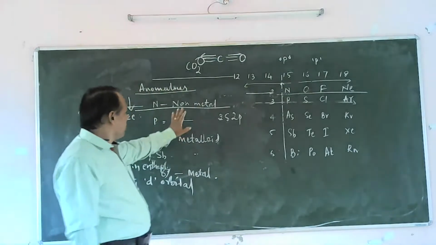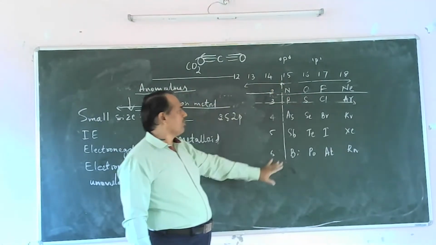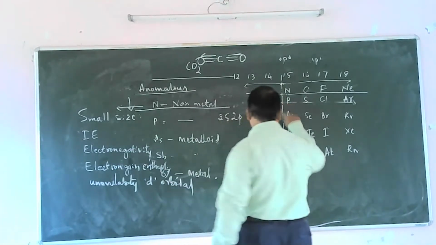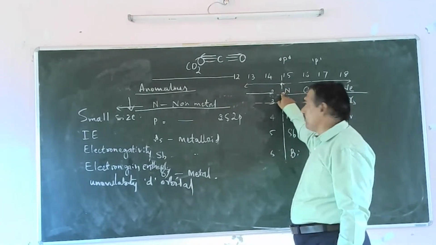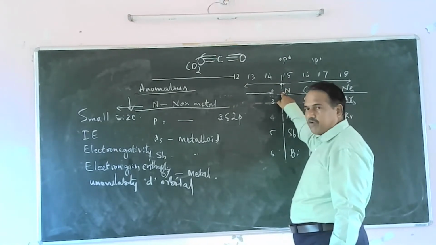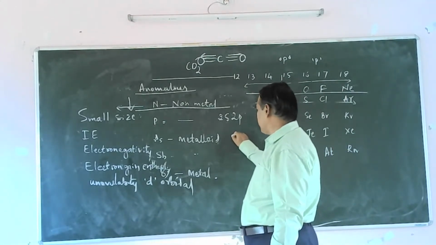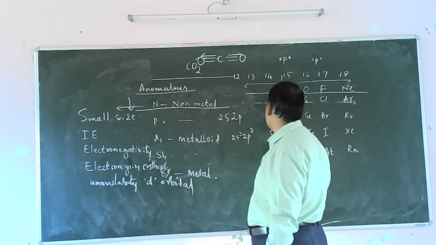Okay. So this is the first concept which we studied in between the elements. We shall study one by one with other elements. First, we shall study the electronic configuration of nitrogen, which is 2s2 and 2p3.